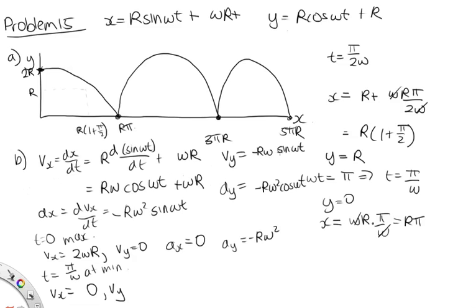V of y, we've got sine of pi. Sine of pi is 0, so this is 0. A of x, sine of pi is 0, so once again a of x is 0. And substituting in, we've got cos of pi. Cos of pi is minus 1, so a of y is equal to plus r omega squared. And that's the answer to this problem.